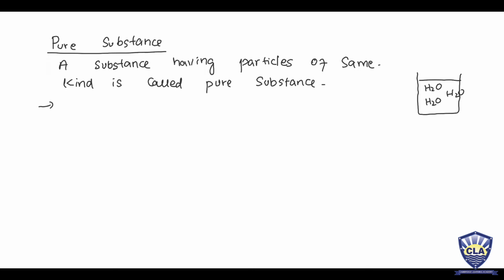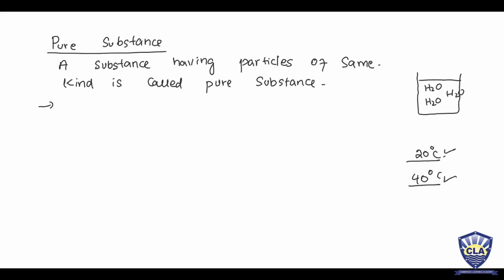So its melting point, let's suppose 20 degrees Celsius or 40 degrees Celsius, is only one number. This one number shows it has a sharp melting and boiling point, whereas impure substances have a range of melting and a range of boiling point.